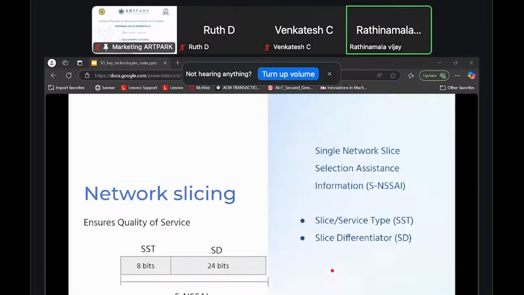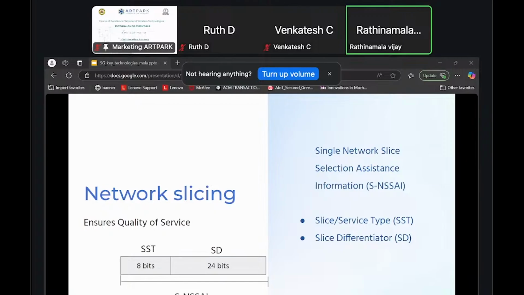In this case, the user equipment always sends its requirement in the form of a packet called S-NSSAI, which stands for Single Network Slice Selection Assistance Information.